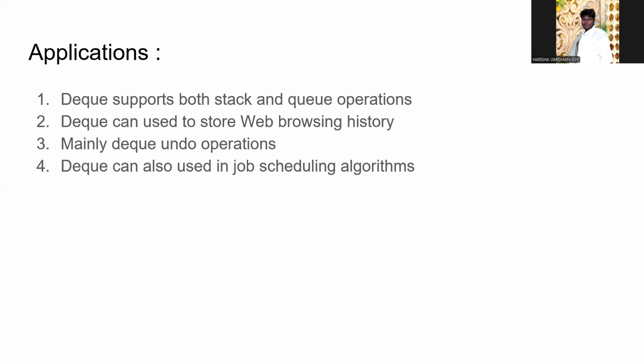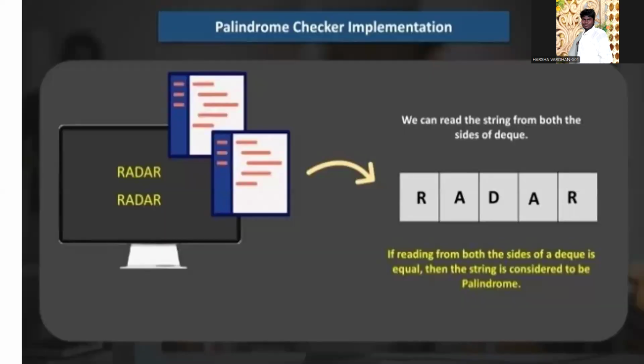A deque can be used to store web browsing history, and it is also used for undo operations. A deque can also be used in job scheduling algorithms, and in palindrome check implementation. A deque also helps us to check whether letters form a palindrome.